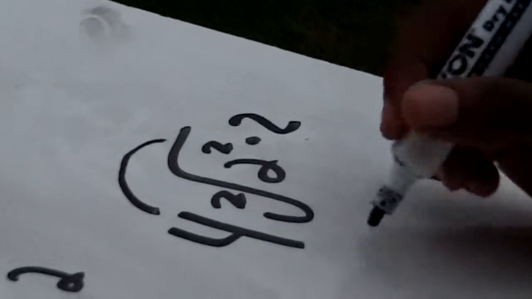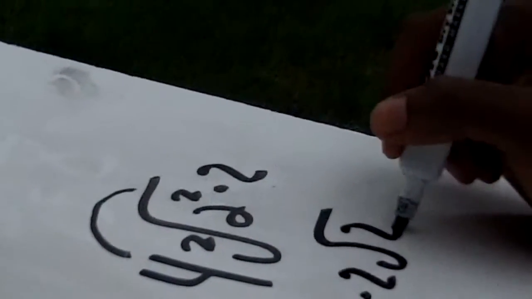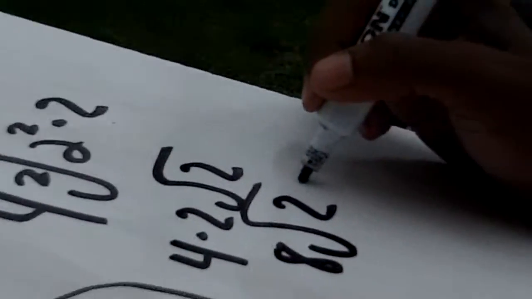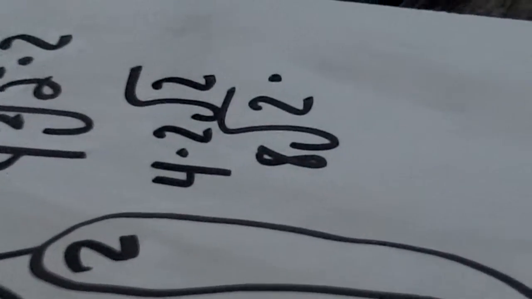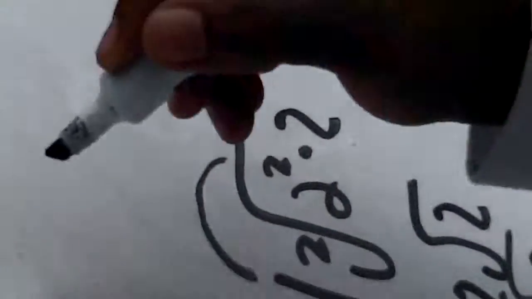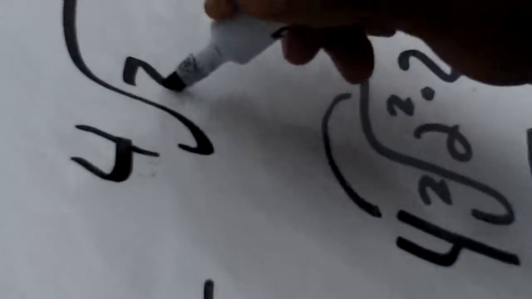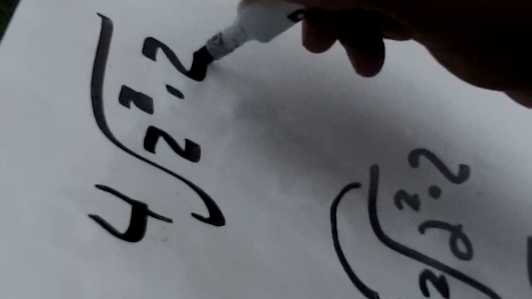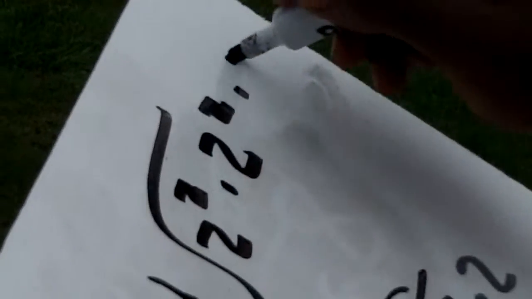You will pull this out, and this would become 4 times 2 times the square root of 2. 4 times 2 is 8. 8 becomes 2 times, this will become 2 times the square root of 2 times 2. So this would look like something like 4 times the square root of 2 to the second power times 2.